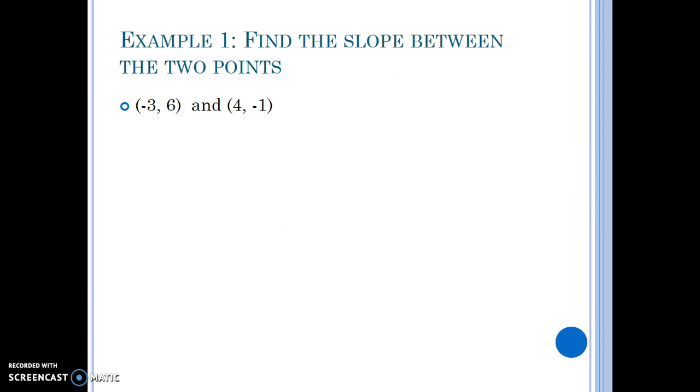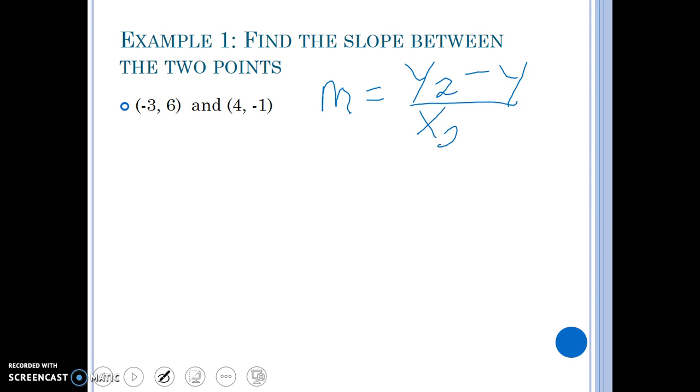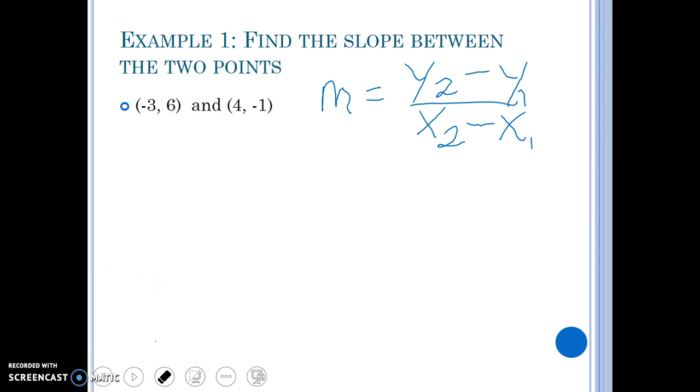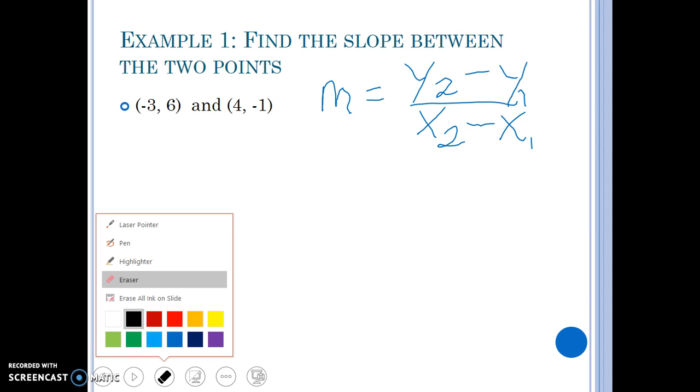So let's look at this first example. Find the slope between the 2 points. So we're going to use that first formula that we had, which looked like this. M equals y2 minus y1 over x2 minus x1. Now to me, I think the best method to begin this process is to mark which numbers we want to use for which coordinate, x2 and x1, and then y2 and y1.